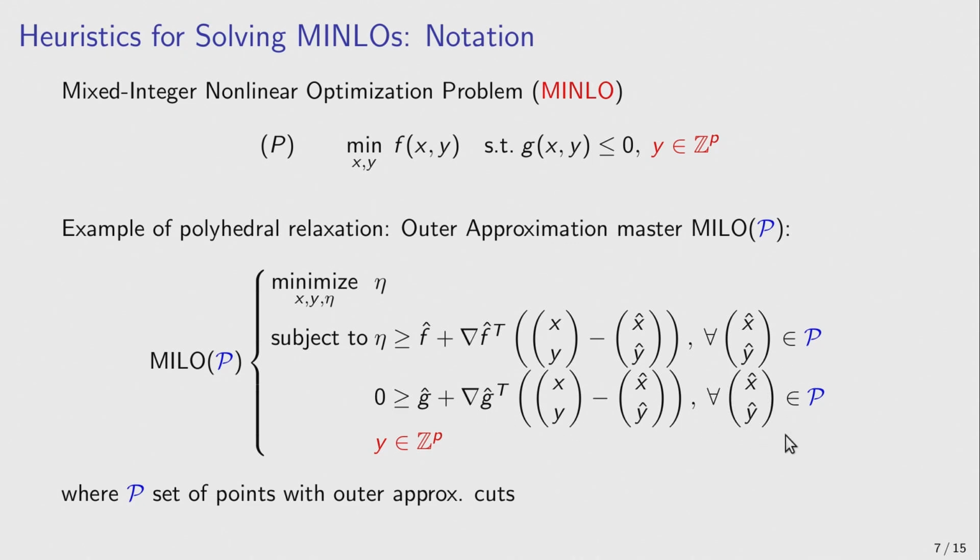So X hat, Y hat are points that live in this set P of finite points that I've visited before, and then I have these linearizations that are available. And so this is the standard outer approximation master problem, or outer approximation mixed integer linear optimization problem.